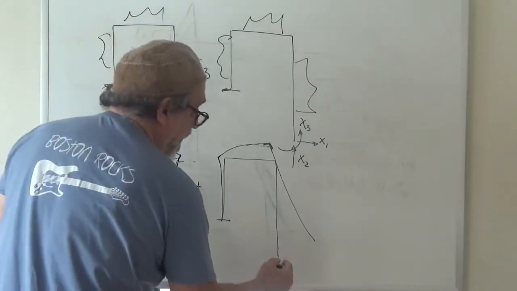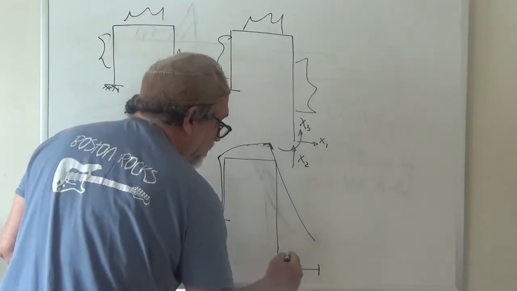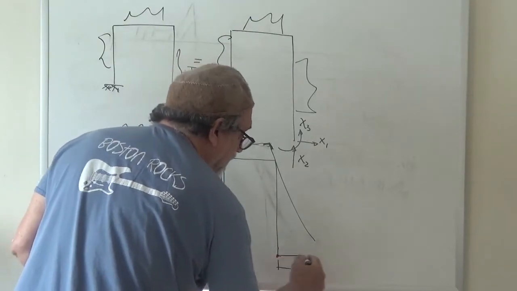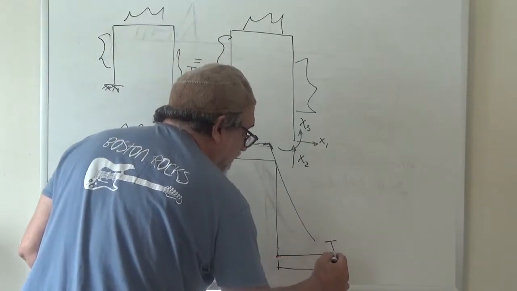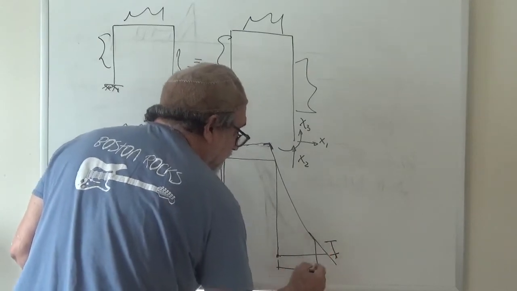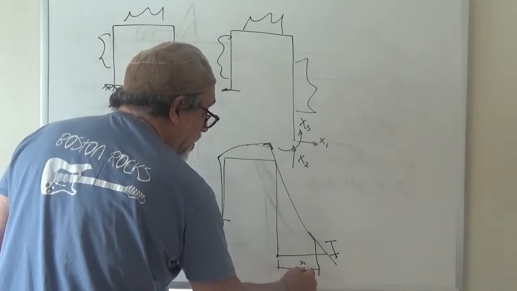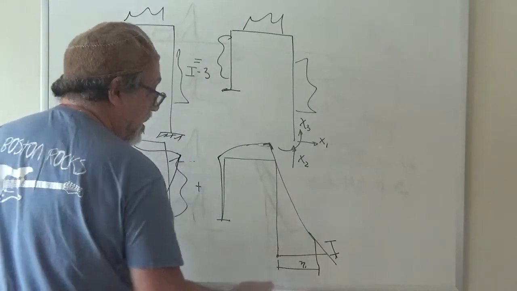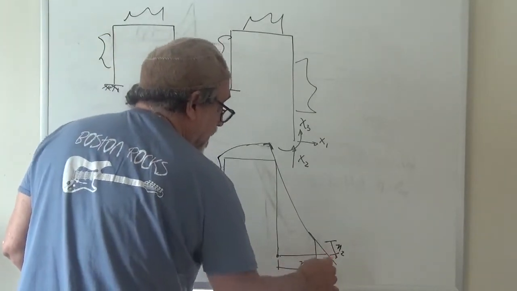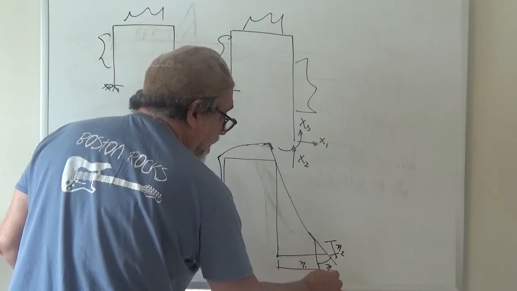So now we have that this point has moved a certain amount horizontally, has moved a certain amount vertically, and has a certain angle. The horizontal, I'd say, you know, it's N1, the vertical is N2, and the rotation here is N3.